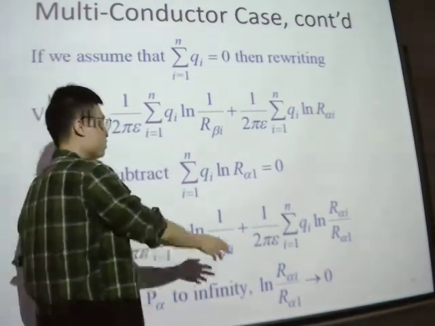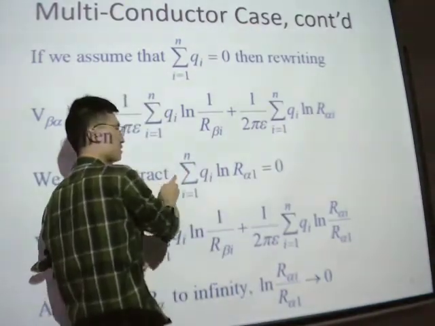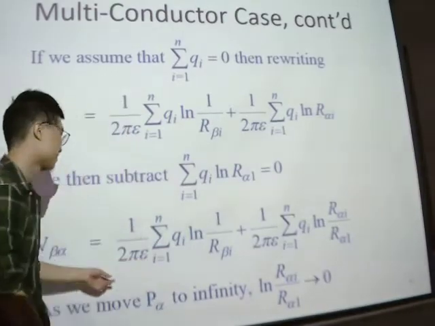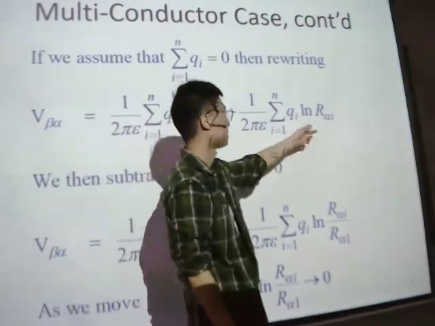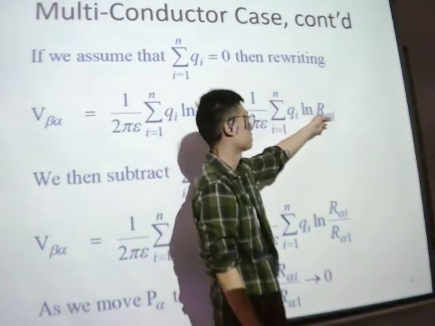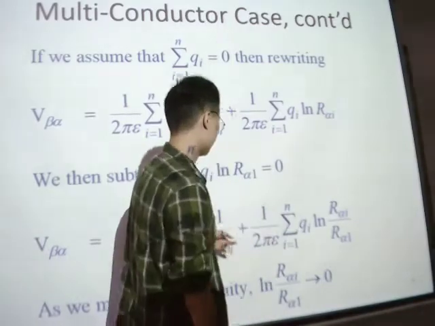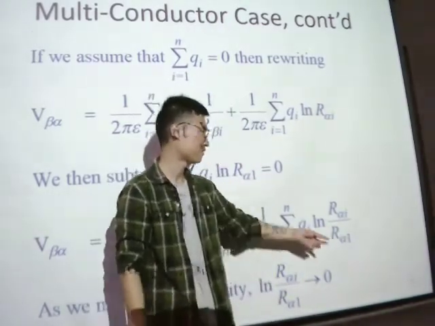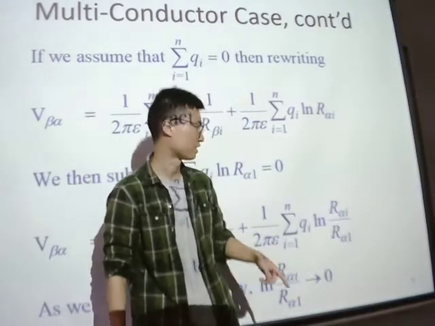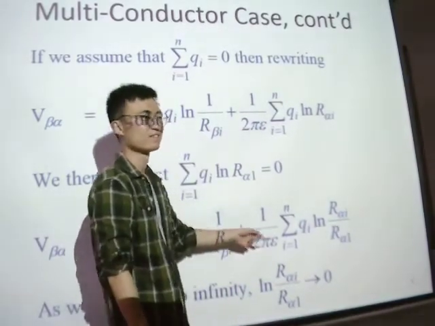We just use the second part minus the 0, because the first part is still the same, but the second part is the log of the distance between R_β and i divided by the distance from R_β to the first conductor. You understand?